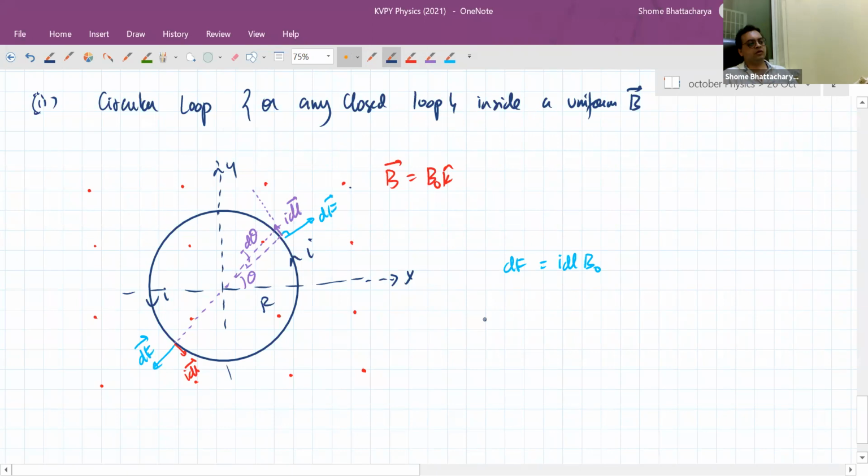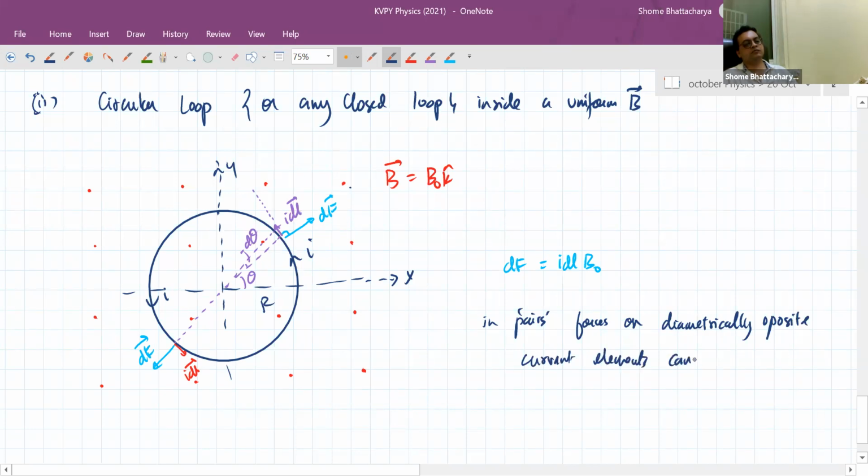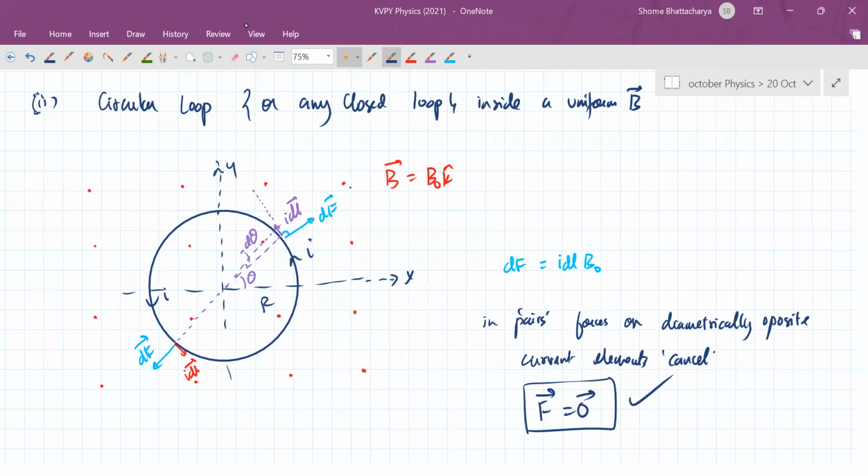So in pairs, the forces on diametrically opposite current elements cancel. So the net force becomes 0. This is an important result to understand here.